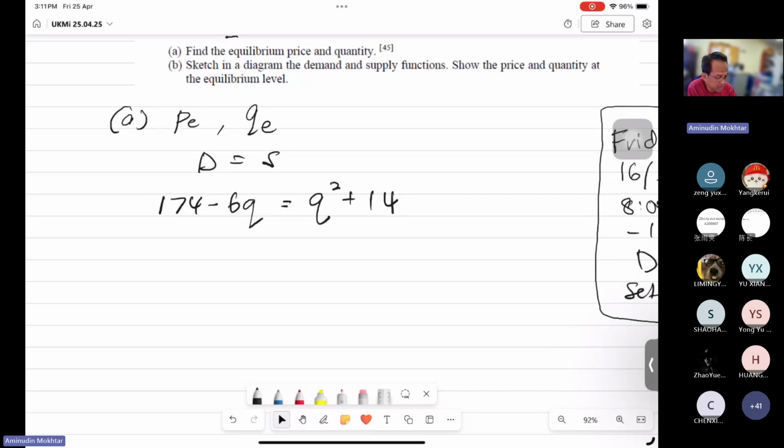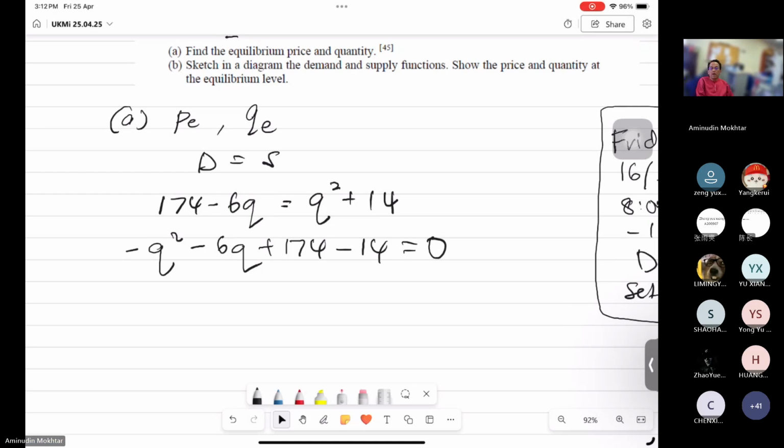From this equation we can arrange the equations like this: negative Q squared minus 6Q plus 174 minus 40 equal to 0. This equation can be simplified: negative Q squared minus 6Q plus 174 minus 40, 134, equal to 0.